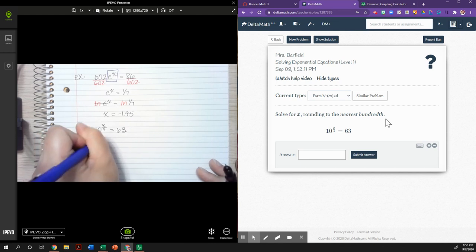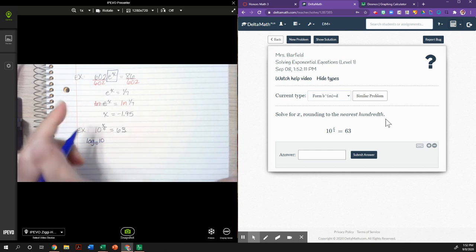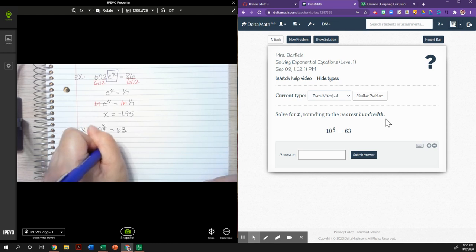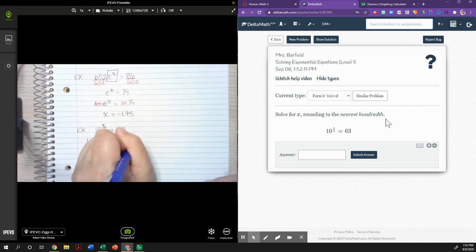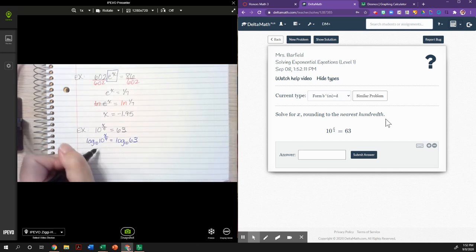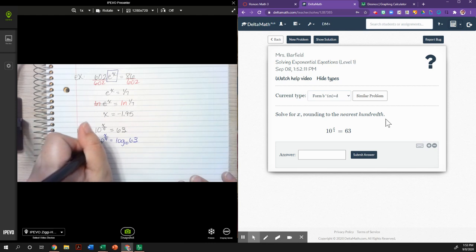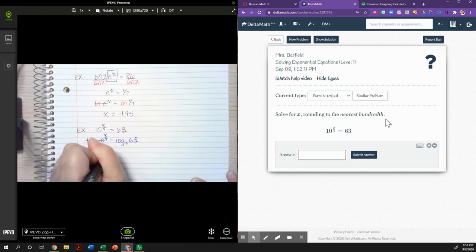So log base 10, 10 to the x over 4 equals log base 10 of 63. Now remember, I don't have to write base 10 if I don't want to, but I'm being very clear because I want you to see it. So now this is what cancels. So I'm left with x over 4 equals log base 10 of 63.